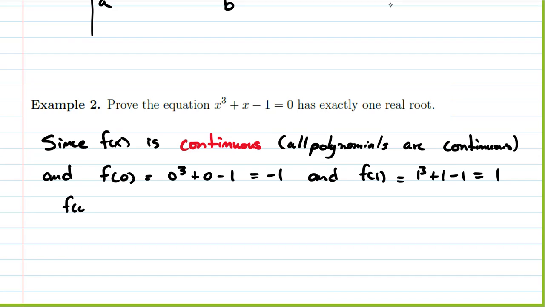So that gives us that f of 0 is negative 1, and f of 1 is 1.